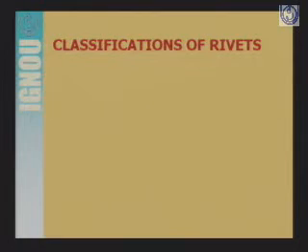Now we were talking about the riveted joint. With this much of an introduction regarding the connections, we come to the main topic, which is riveted joints. Let's see the classification of rivets.